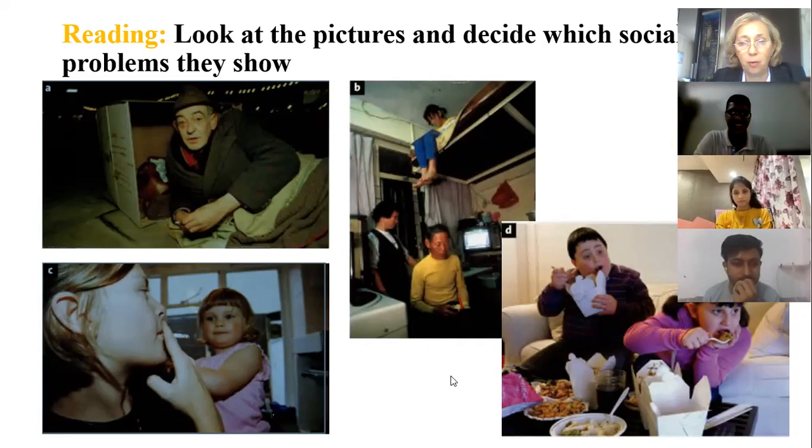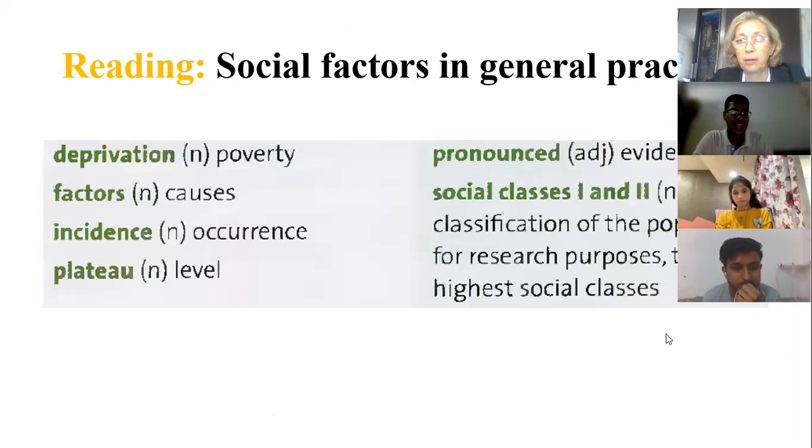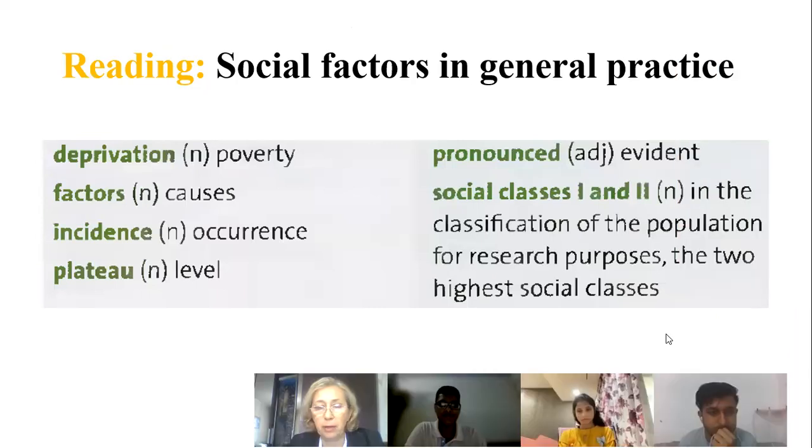So we are aware of these problems, and before we start reading, let us pay attention to some words from the reading task. Deprivation means poverty in this context. Factors, the same as causes. Incident equals occurrence. Plateau, in this context, is level.